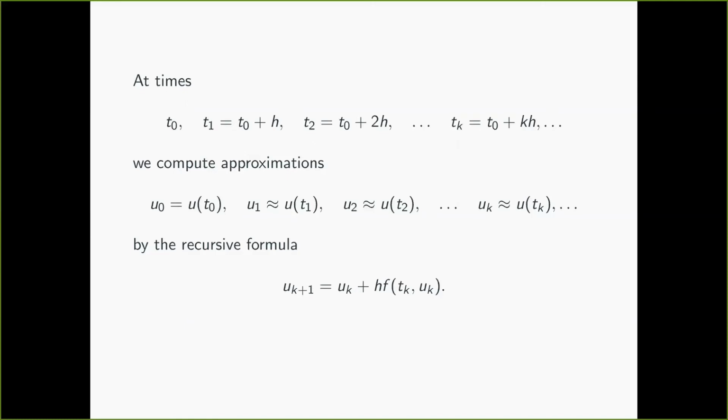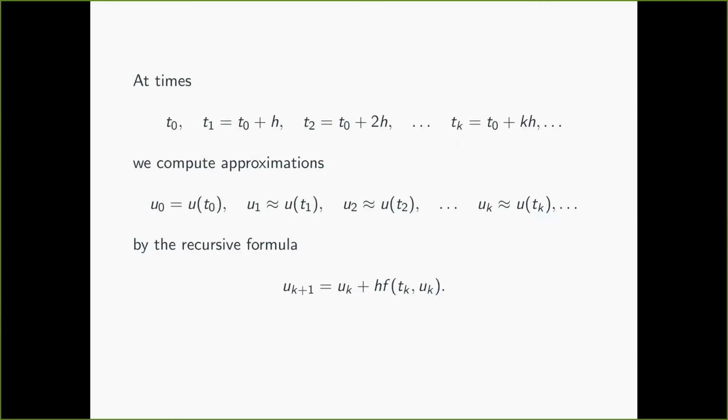For example, time t3 would be t0 plus 3h, and generally we define time tk as t0 plus k times h. So we have a succession of points in time, t0, t1, t2, and so on, taking steps of size h.